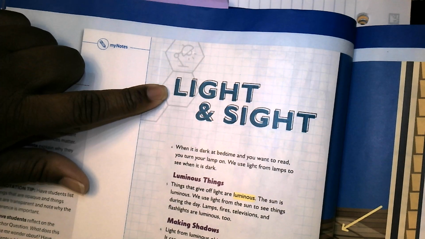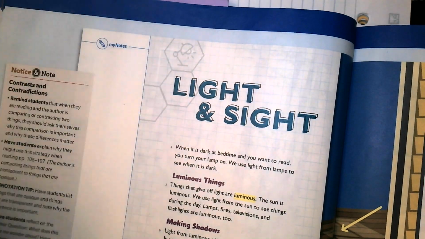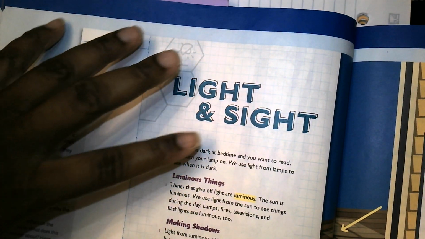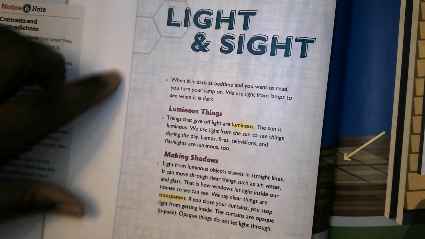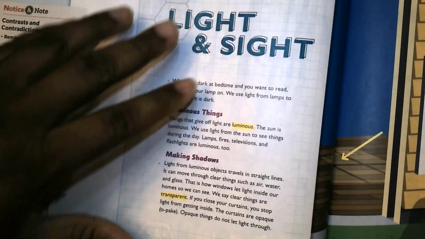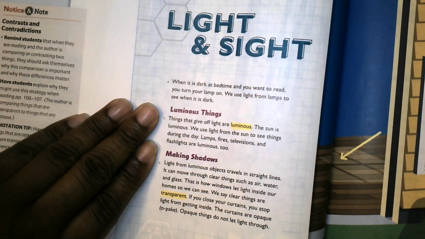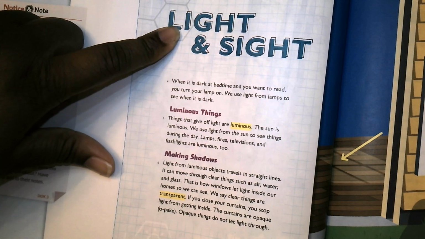Because a title would be of the entire text. A header is going to tell you what that portion of the text is all about, or what that section is about. So if we were to turn to this page on 106, then this section that it starts to talk about is all about light and sight, right? And so this is a header.